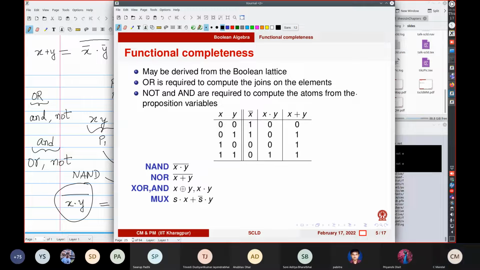Yeah? Can you try to realize NAND using a multiplexer?